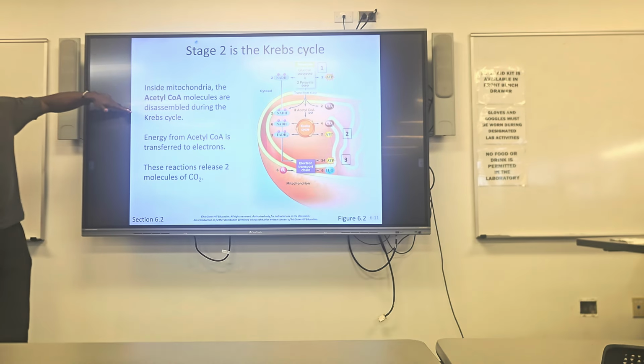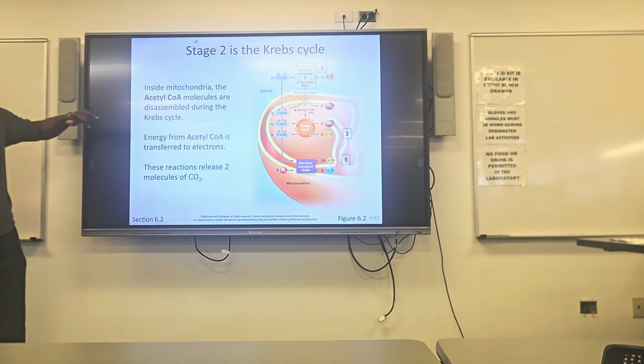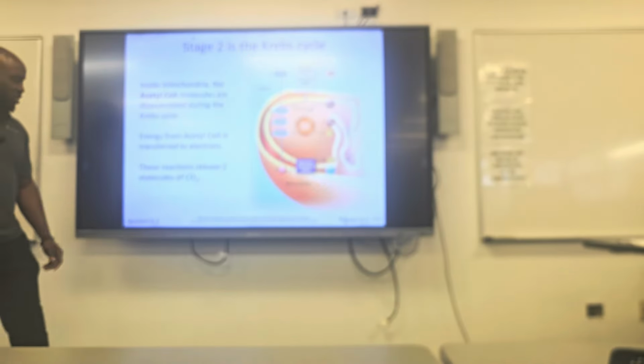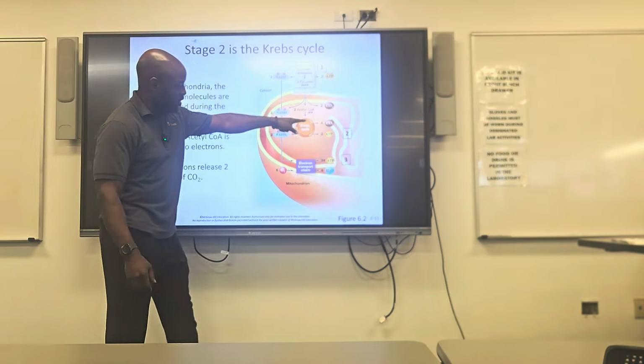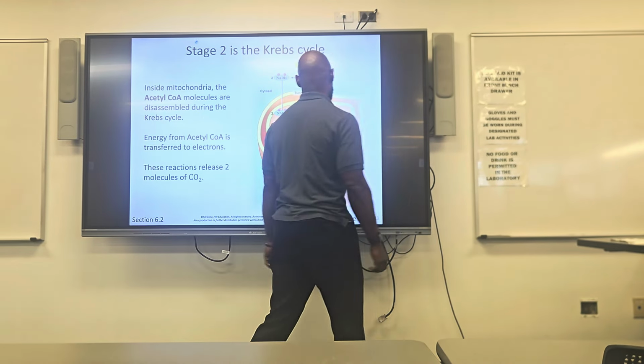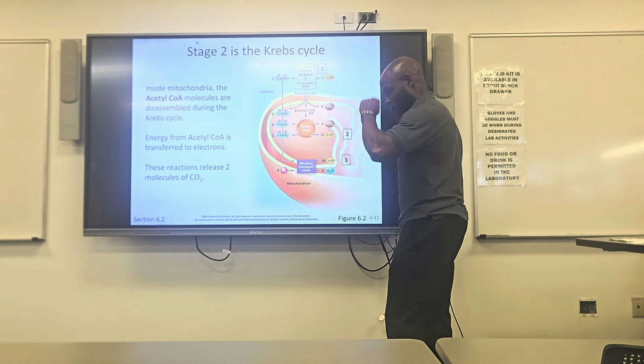All right, so those acetyl-CoA molecules are disassembled during the Krebs cycle inside your mitochondria. Energy from that is transferred to electrons. All right, this reaction releases another 2 molecules of carbon dioxide. So more carbon dioxide being released. See that right here, carbon dioxide. Breathe out.